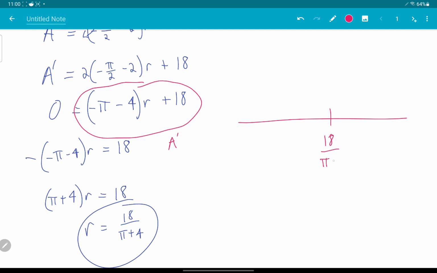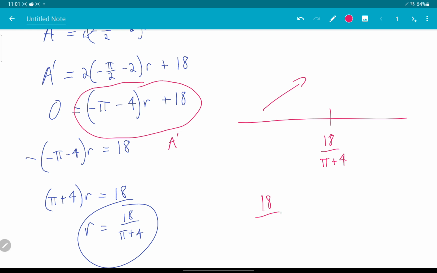It's a little bit tricky, but I think the best idea is to not get too fancy. Pick a number over here, pick something easy. 0. Plug in 0 into my derivative, you get plus 18. So increasing.